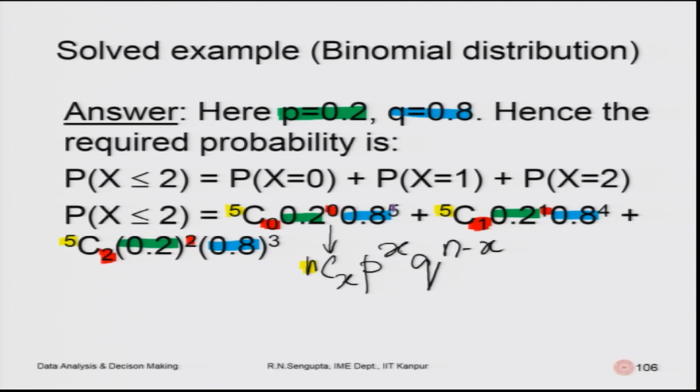The value which you see here, this one 5 here, 4 here, 3 here, is basically n minus x.